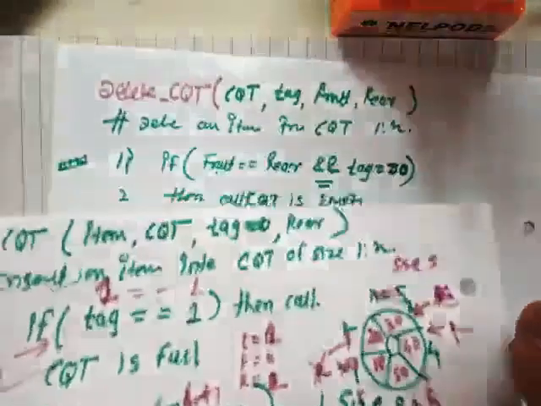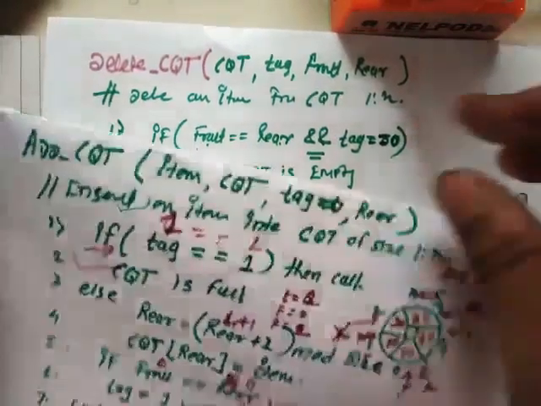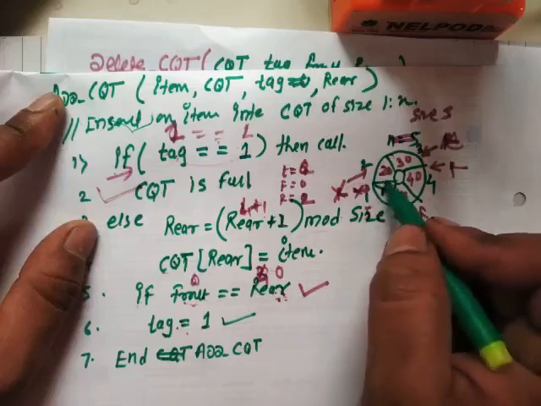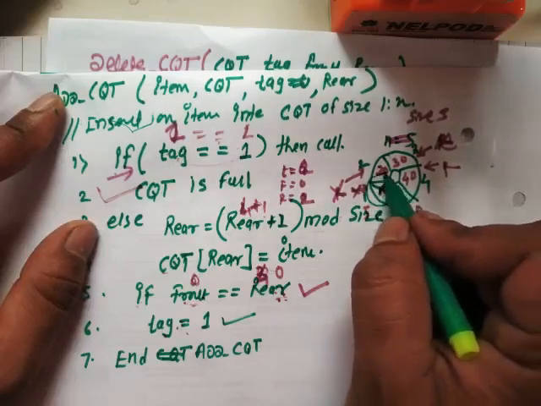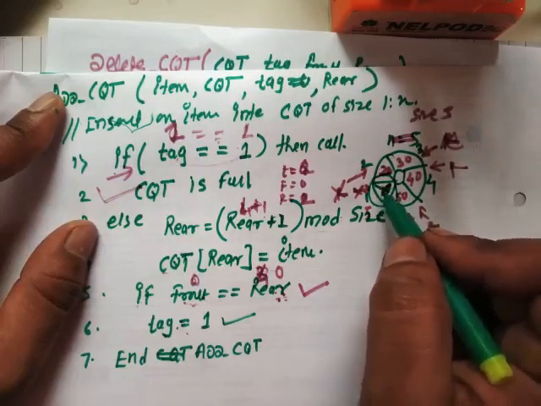Now in the delete operation, if you delete an element from the circular queue, suppose you delete this element, that is 10, it means this memory block becomes empty, or is available to insert a new element.